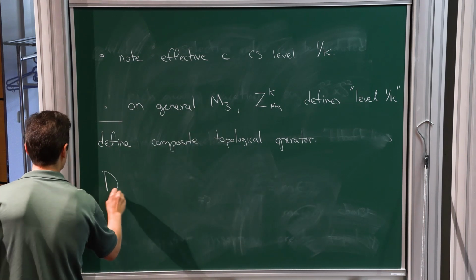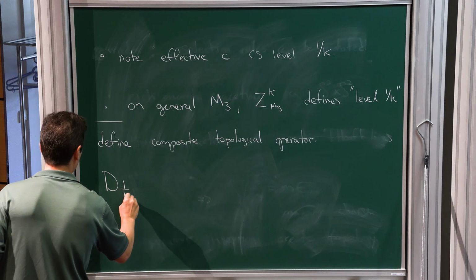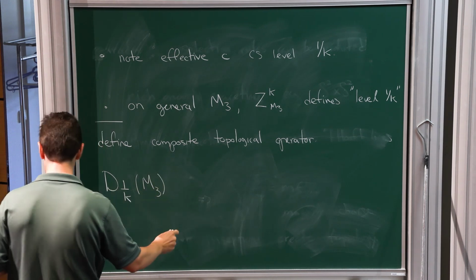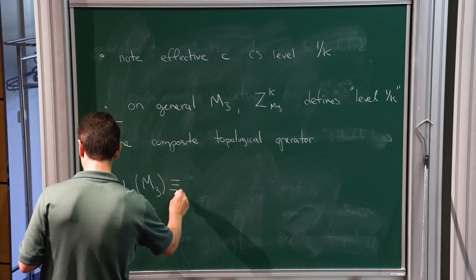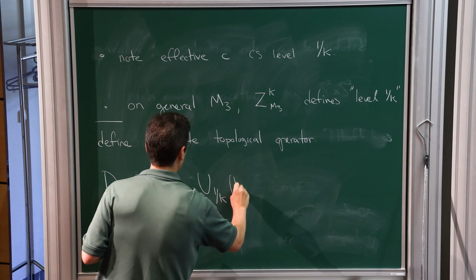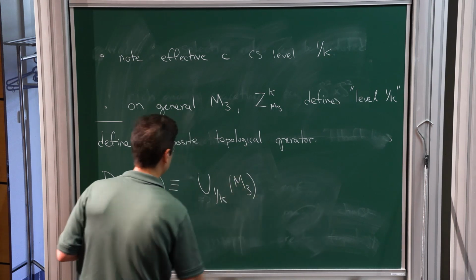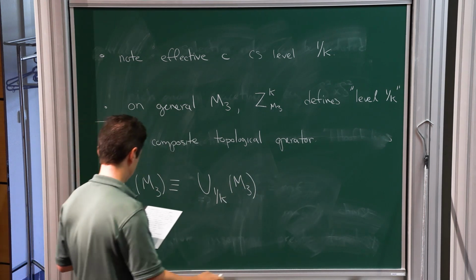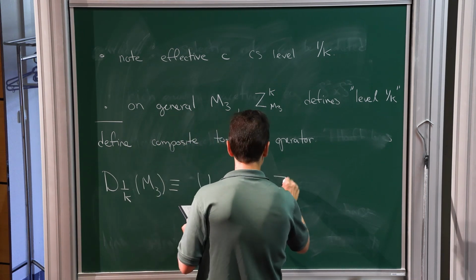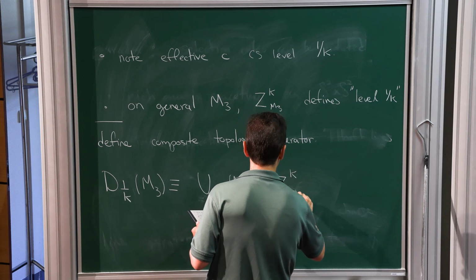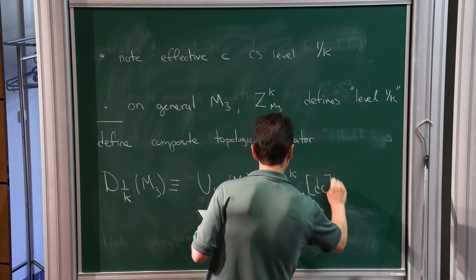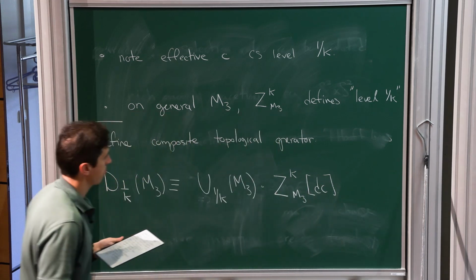So we'll call it D_{1/k} of M3. It's defined in this way. I take U_{1/k} of M3, and I have here also this Z_k of M3 of dC.